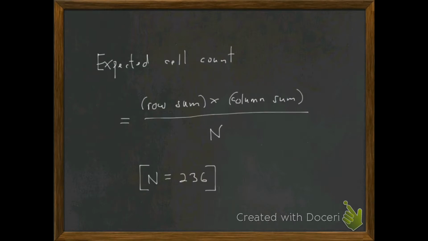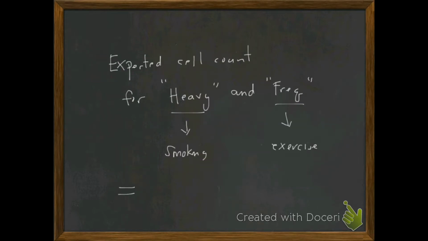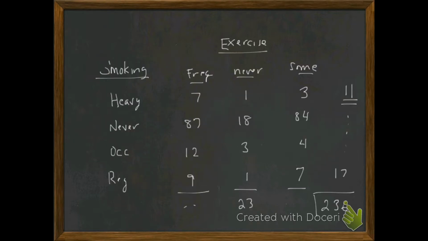Well, we go back to the row sum, 11. Now we need the column sum, and I didn't do that. So what do we get there? 94, 106. Let's see, 9 plus 12 plus 87 plus 7. So 115. Does that seem reasonable? Yeah.